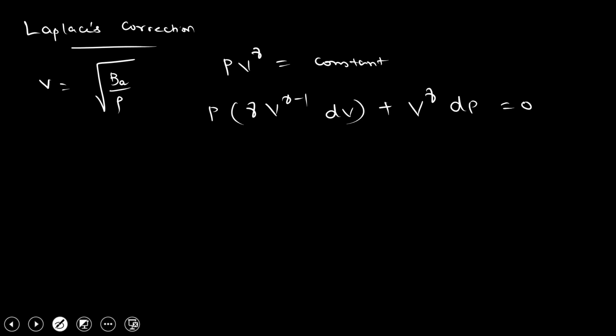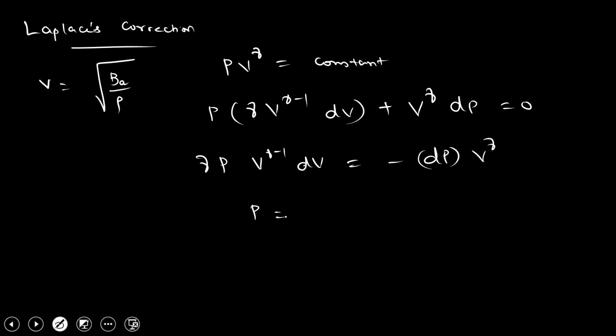So what do I need to do? I need to again calculate the value of minus dP divided by dV by V, like how I did in the previous scenario. So what I'll do is gamma into P into V power gamma minus 1 into dV is equal to minus dP into V power gamma. Right?